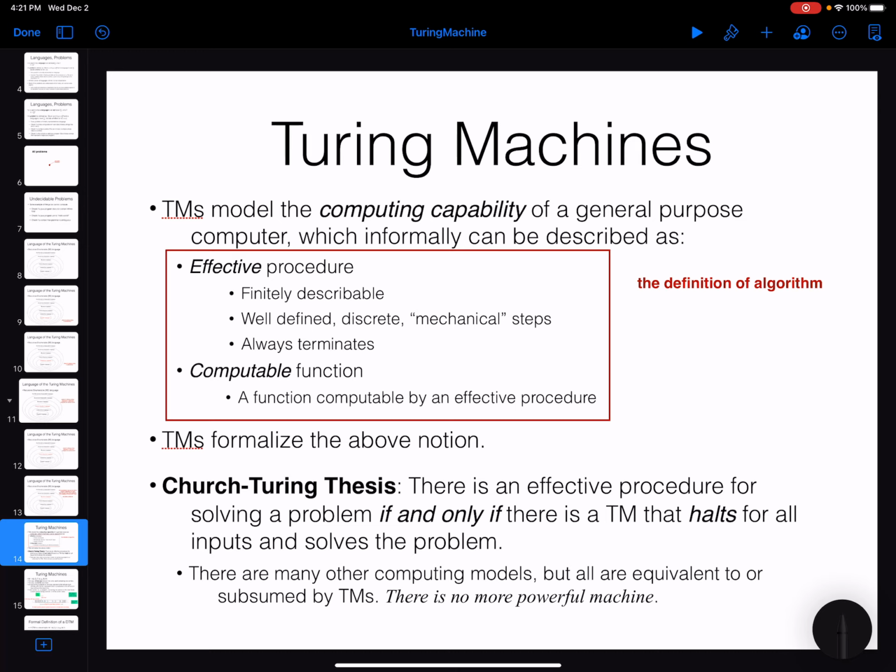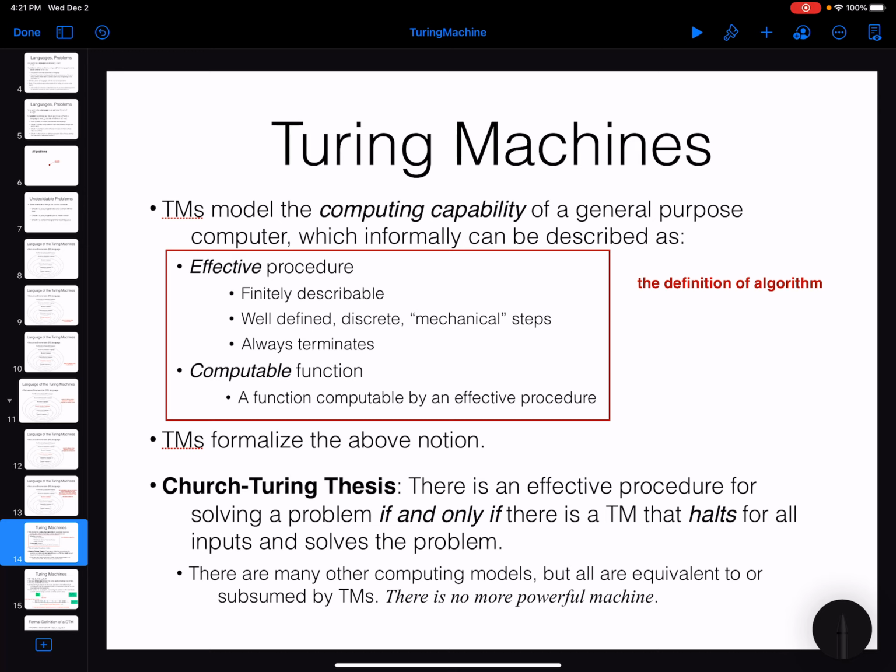Then it should be well defined, discrete, and mechanical steps, steps that you know a machine can exactly do. From the computer architecture courses, you know that we define a set of operations, a set of simple instructions that the computer can do, right?